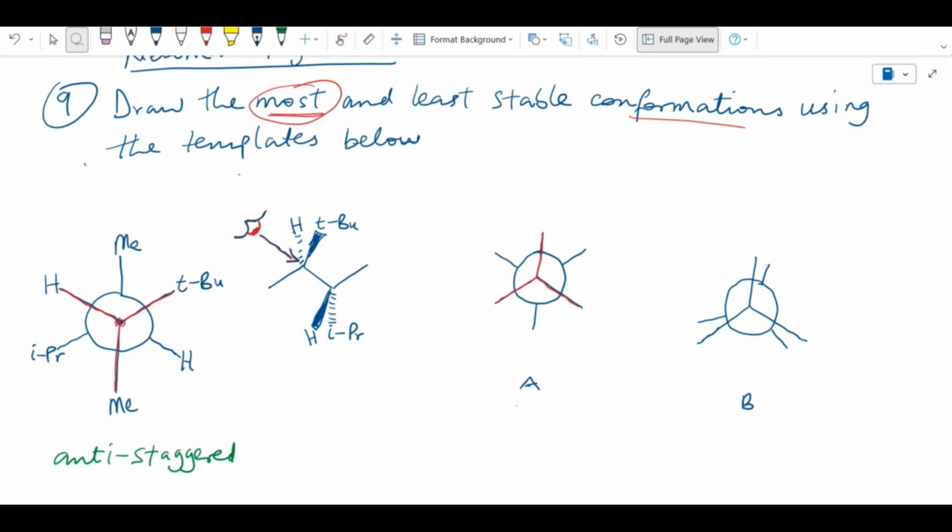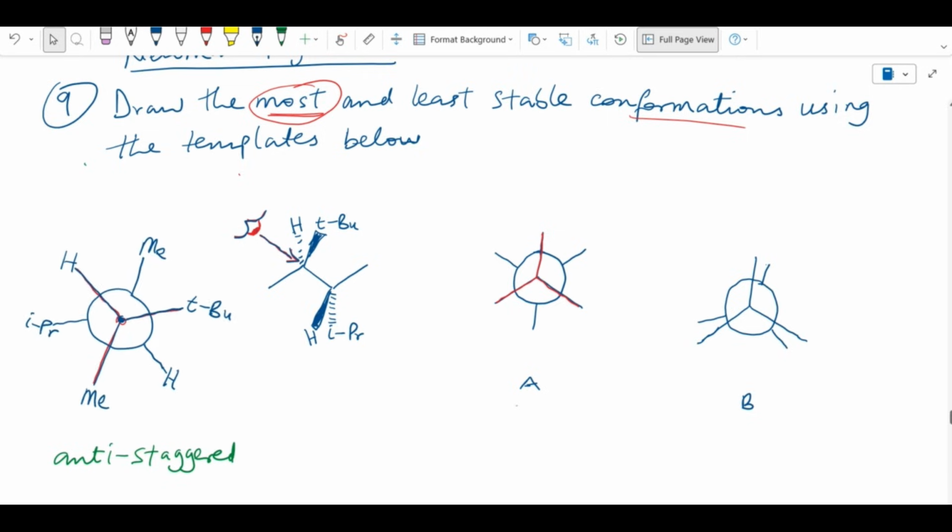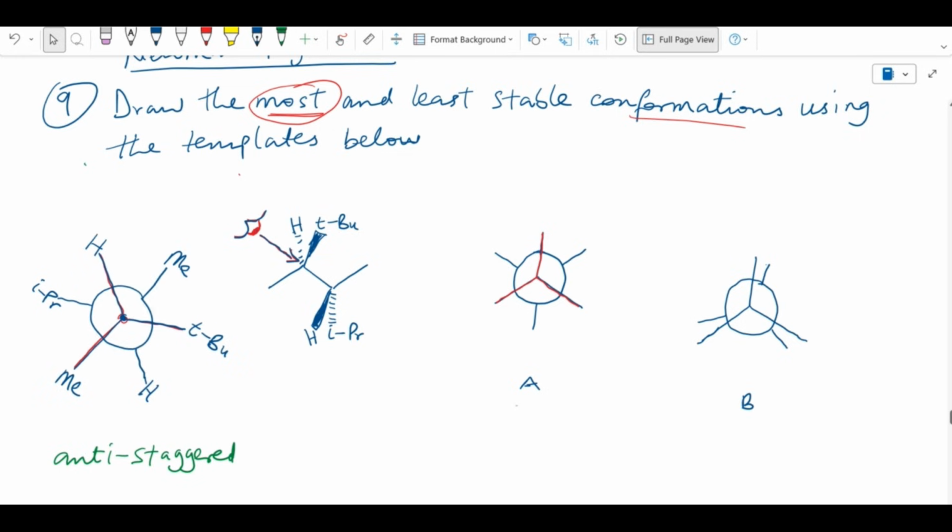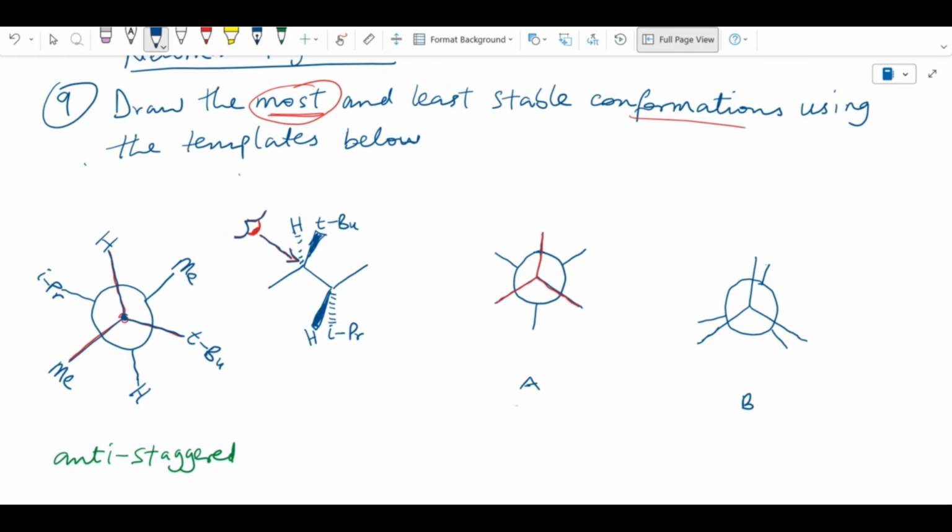So what I'm going to do is to find a way to orient this Newman projection such that it aligns with the template. Then it will be easier to transfer those substituents onto the template. So now I know that the tert-butyl group will be here. The hydrogen will be here. This methyl group then will be here. So that's for the front carbon.